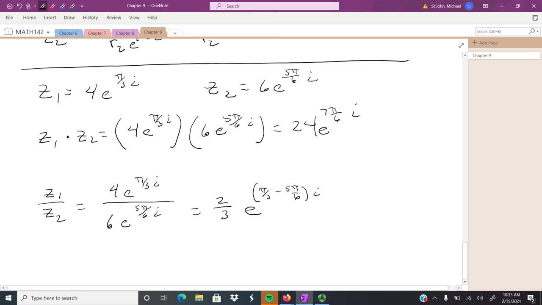Pi over 3 again is 2 pi over 6, so 2 pi over 6 minus 5 pi over 6 will give me 2/3 e^(-πi/2), which is the same thing as 2/3 e^(3πi/2) if I write it in terms of a positive angle. Okay. And then you should be able to convert that into polar form, and then you could also convert that into rectangular form.